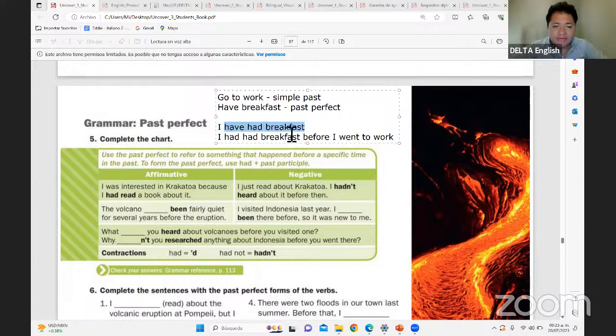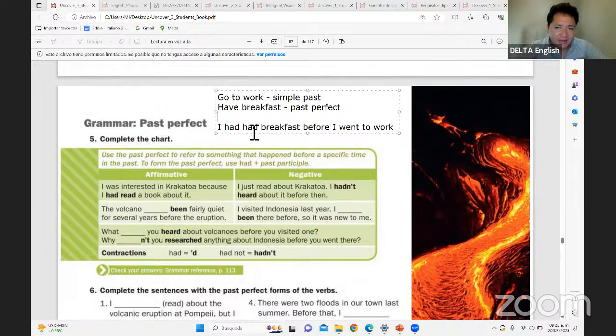You use have no como el verbo tener, sino como un verbo auxiliar, right? I have. So in this case, the auxiliary verb is have. El verbo auxiliar ahora que vamos a utilizar es have. Okay, so have, it means like yo había, tú habías, él había, ellos habían, habíamos, right?